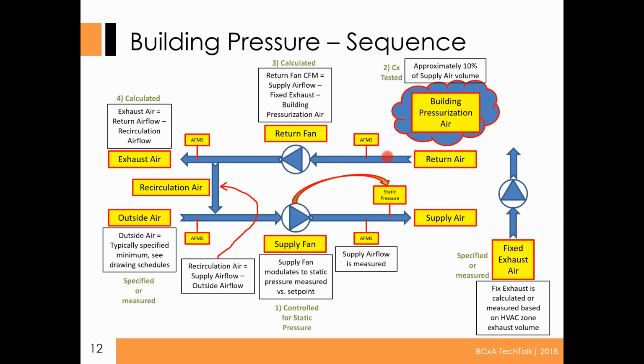So at a minimum, you want to work with the balancer and say, give me this system measured at 100% capacity and all the VAV boxes at minimum capacity. So you at least have two data points. Occasionally you're going to want a third or fourth to figure out what your curve looks like between them.